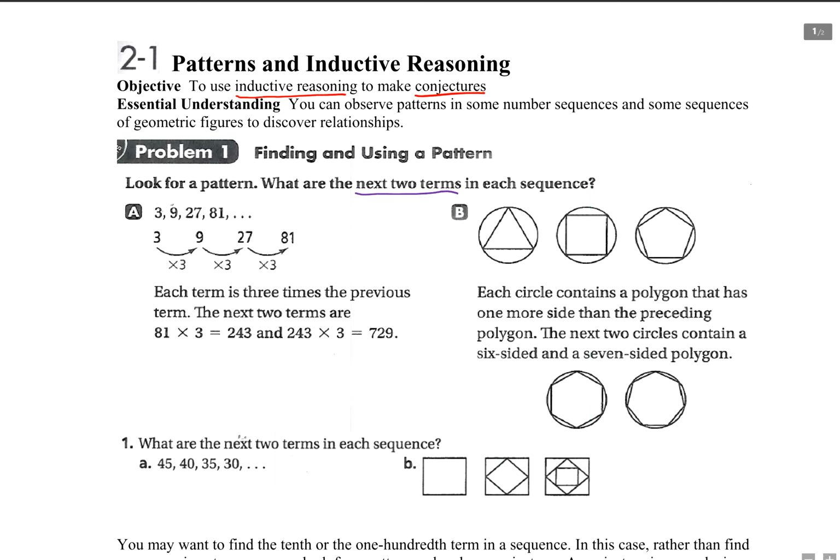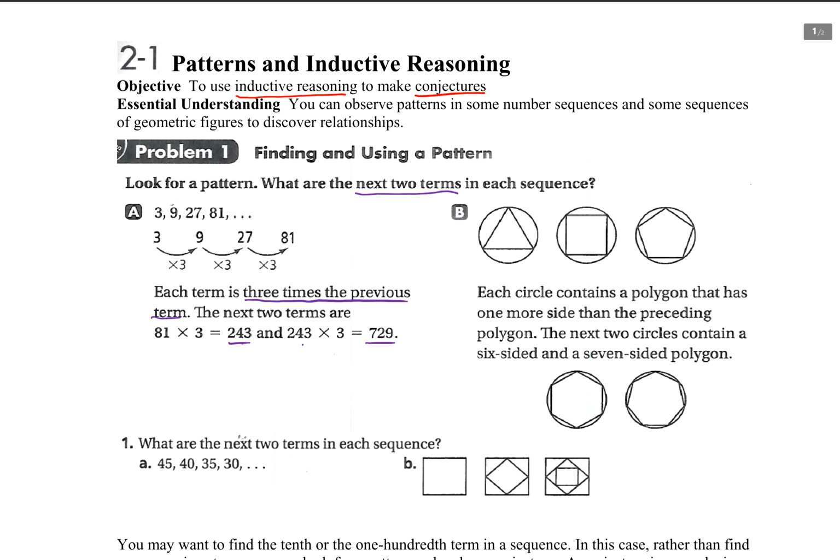Well, each term is 3 times the previous term. 3 times 1 is 3, 3 times 3 is 9, 9 times 3 is 27. Our next two terms, 81 times 3 is 243, and 243 times 3 is 729. So those would be our next two terms. We would just continue to multiply by 3.